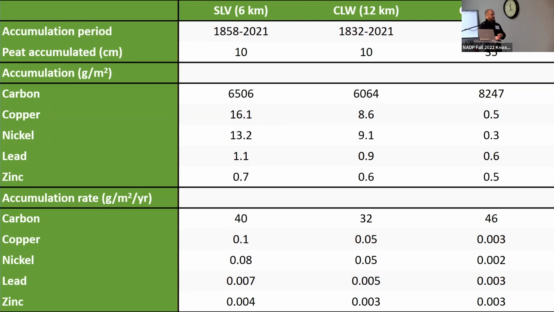There wasn't a big difference in total carbon accumulation per year between the 3 different sites, despite the fact that we're talking 35 centimeters versus 10 centimeters. Just because the density differed, it didn't make a difference for carbon accumulation, which was really interesting. However, metal accumulation was what we expected. Those sites that were really close to the smelter had much higher rates of metal accumulation compared to the other ones.